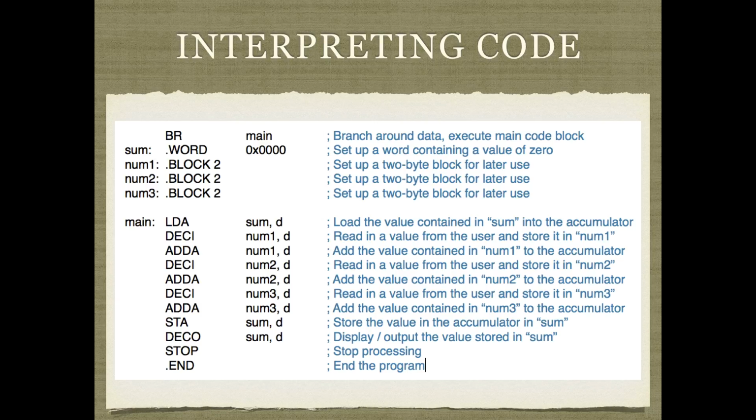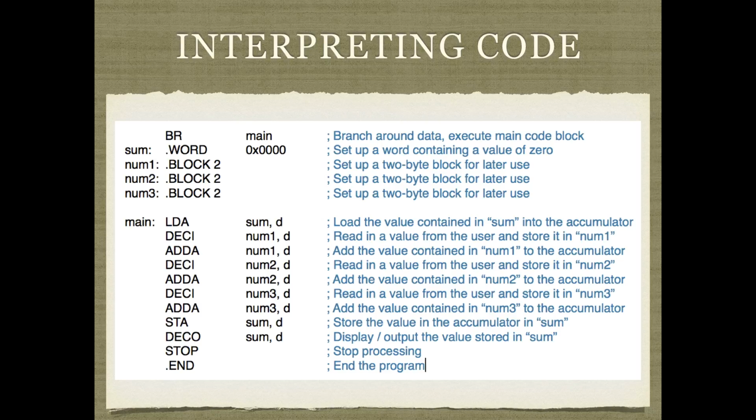So if the user entered a value of 2 for this first input, the accumulator now has a value of 2 inside it. We then repeat the process for num2 and num3, prompting the user for input, storing it in that previously allocated memory space, and then adding whatever value the user provided to the value in the accumulator.